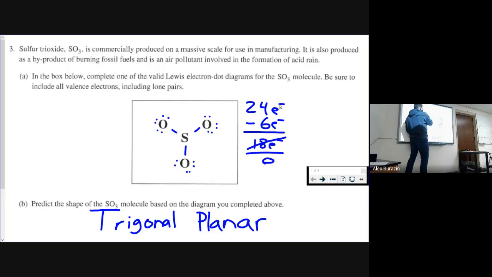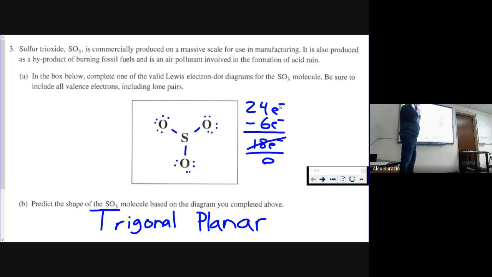I've got 2, 4, 6, 8, 2, 4, 6, 8, 2, 4, 6, 8. But the sulfur, as the way it's currently written or drawn, has 6. So at the very least, we would want to get sulfur up to 8. Okay?